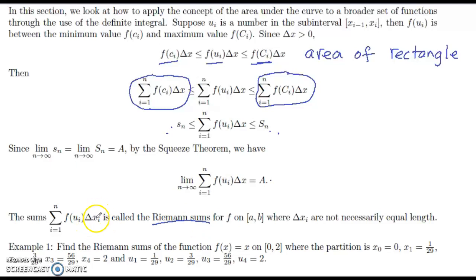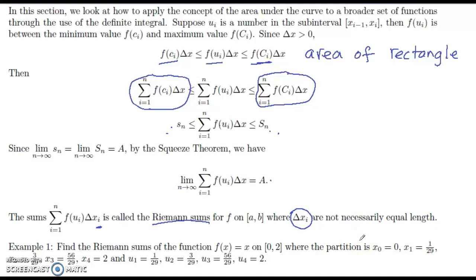Now you notice there is a subscript i on delta x sub i. Together they mean one thing, the width of the subinterval. It means i is changing, so the widths are not necessarily equal lengths. I'll show you an example of what it means.